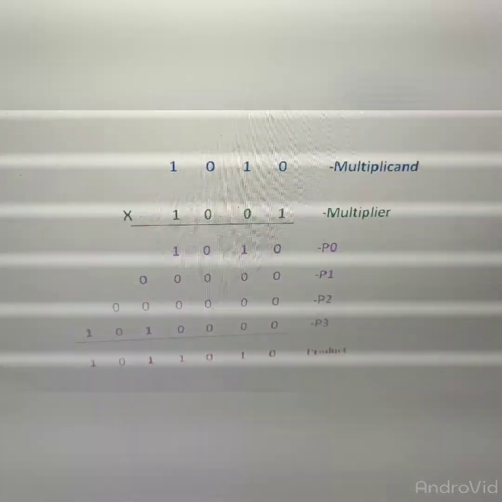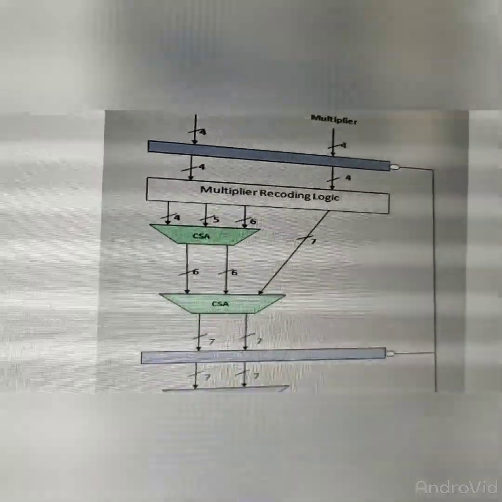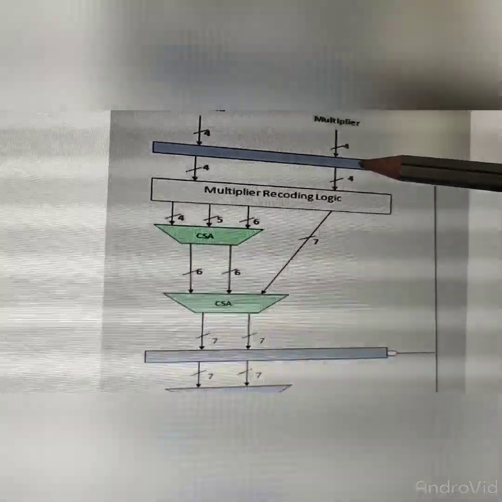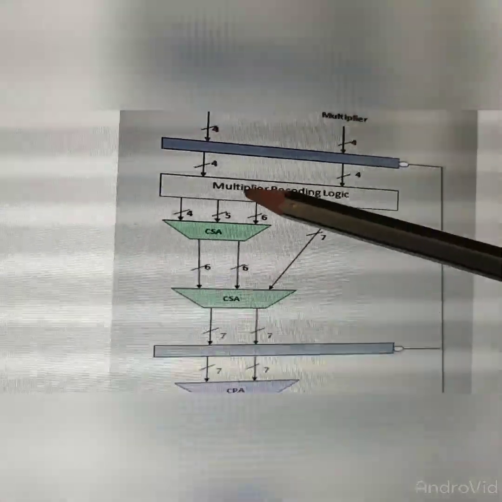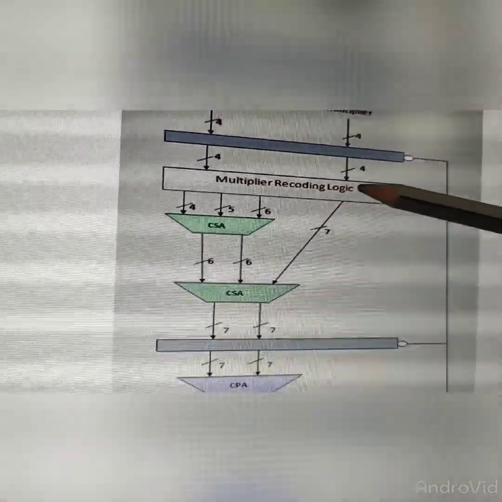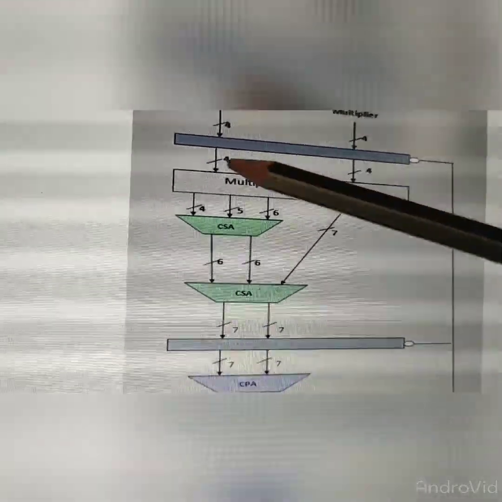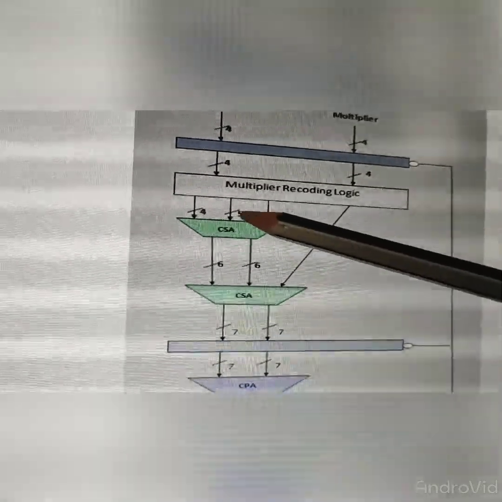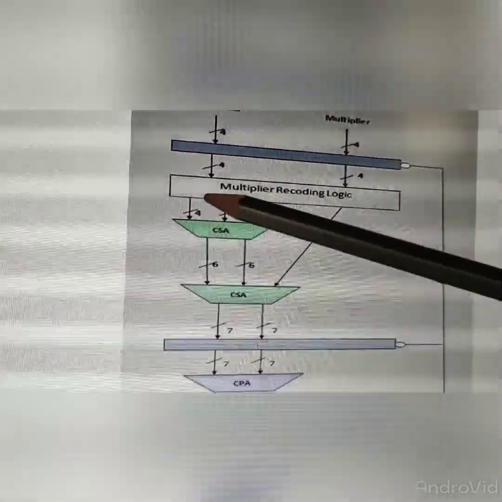Now I am going to explain how to design an arithmetic pipeline for this example. At the first stage of pipeline design, multiplicand and multiplier are passed to the multiplier recoding logic unit. In this unit, all partial products P0, P1, P2 and P3 are produced.